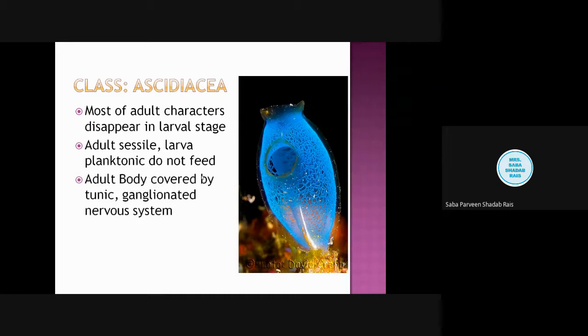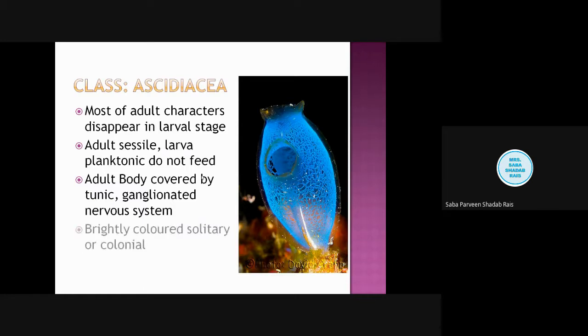Now, when we talk about the typical tunicate or Urochordate characters, they have a sac-like body which is covered by the tunic. In the adult, the nervous system is ganglionated, meaning the nerve cord is replaced by the ganglion, and many other ganglia will also be there, forming the nervous system.